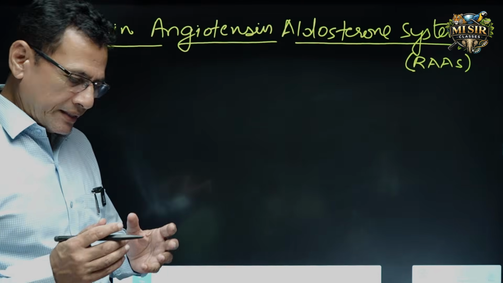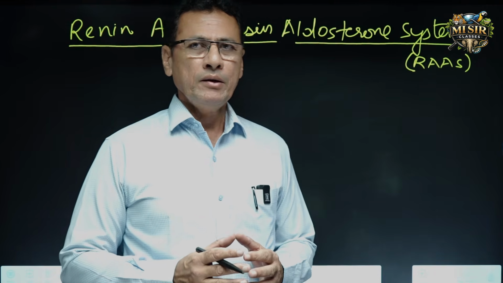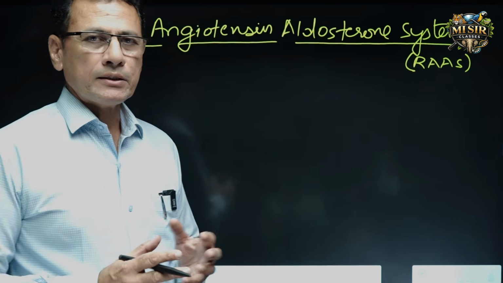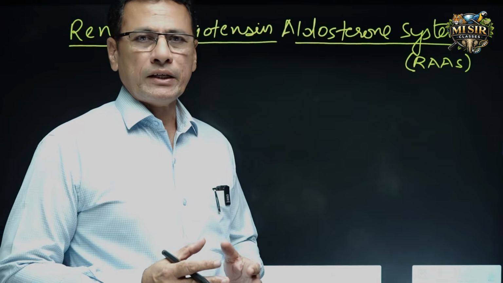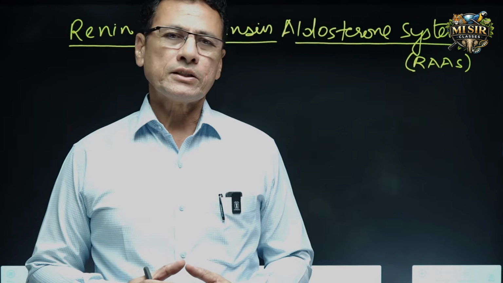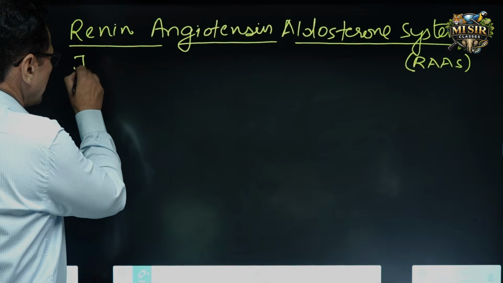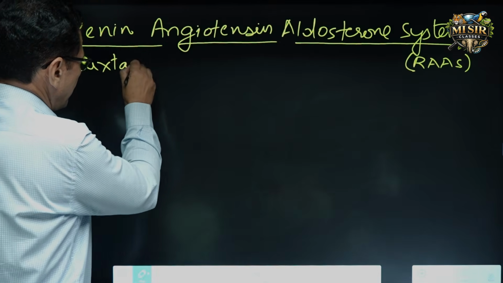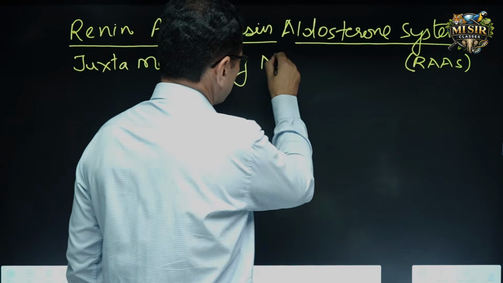So to understand this complex mechanism, let us first understand the basic anatomy in the kidneys where the system operates. We all know that there are two types of nephrons in kidney. One is cortical nephron, another is juxtamedullary nephron. So this system operates in juxtamedullary nephrons.